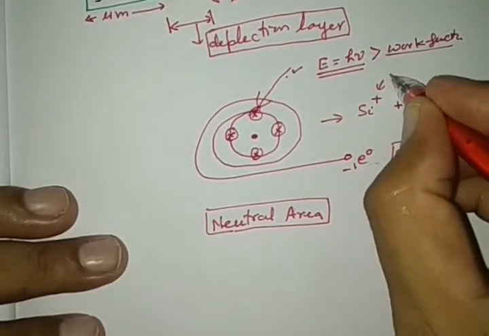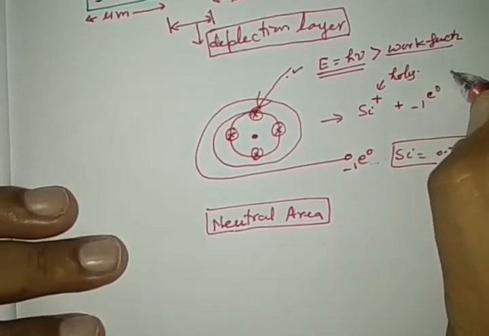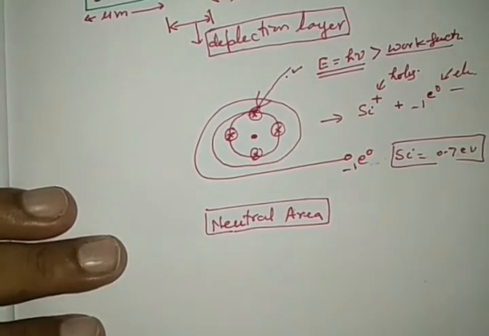Here holes are created, and these are electrons.